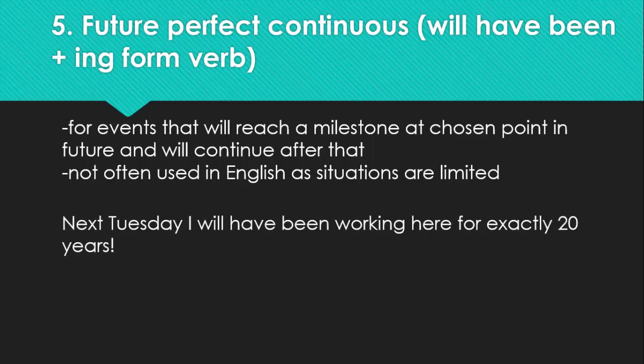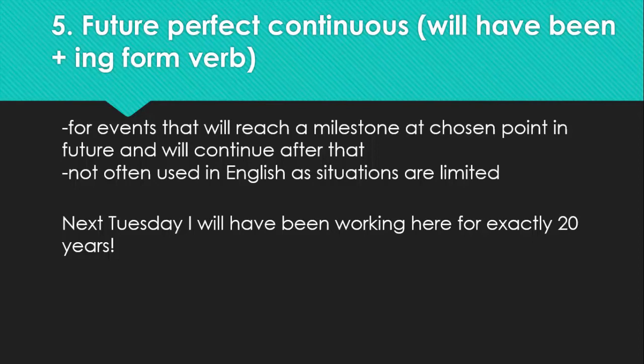Next Tuesday, I will have been working here for exactly 20 years. So next Tuesday is the milestone, your fixed anniversary, your chosen point. You already work here now, or you are working here now.